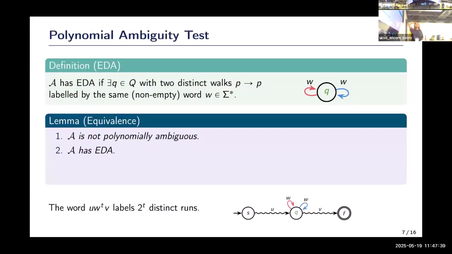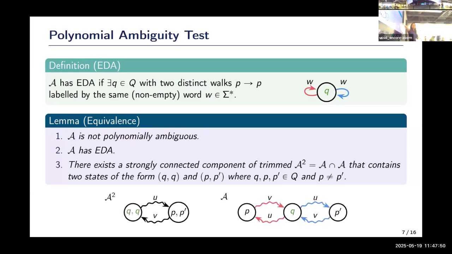Okay, so back to this polynomial ambiguity testing. Basically what I want to test is if I have this structure, this EDA structure. And again, I'm going to use this intersection trick. I take the intersection of A with itself, and look at the trim version. Now I look if I have two states, Q Q and P P prime, that are reachable from each other, let's say by some word U, and V to come back.